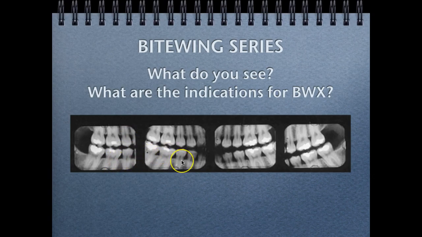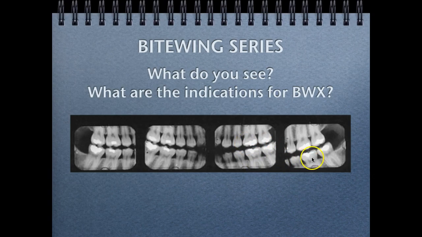And then the next image, going from the patient's posterior right, moving a little more mesial, we have premolars. And we can see much of the same dental anatomy in this particular image that we did in the molar image. Crossing the midline, we have the patient's left side for a premolar image, and you can see both the maxillary and mandibular premolars and all of the same anatomy.